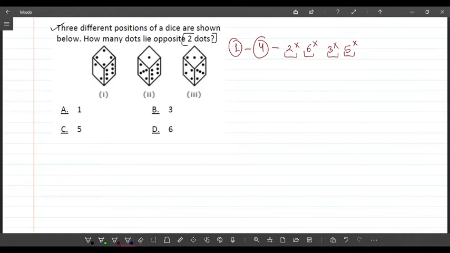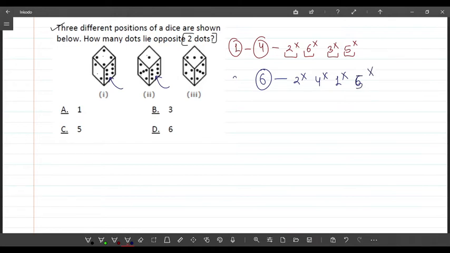Let's proceed further and evaluate some more information from the picture given to us. I am seeing this 6 also appearing twice in these two images. So let's imagine what cannot come opposite to 6. This 4 is adjacent to 6, this 2 is also adjacent to 6, so at least 2 and 4 cannot come opposite to 6. Here this 1 and this 5 are adjacent to 6, which means 1 and 5 also cannot come opposite to 6.